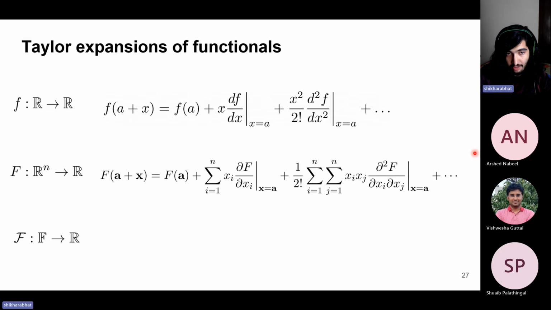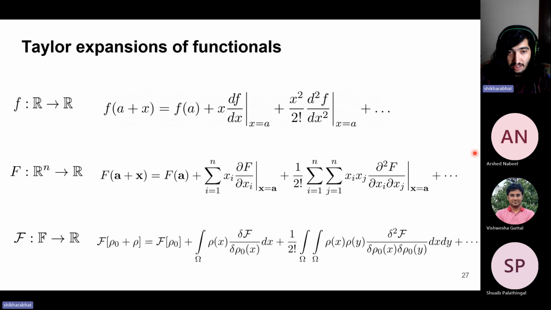If I have a function from some function space to R, I might therefore guess this sort of form where I say that F at ρ₀ plus ρ is F at ρ₀ plus the directional derivative analog along ρ, which is the integral of ρ times ∂F/∂ρ₀, where this ∂ is the functional derivative, plus a double integral, and so on.